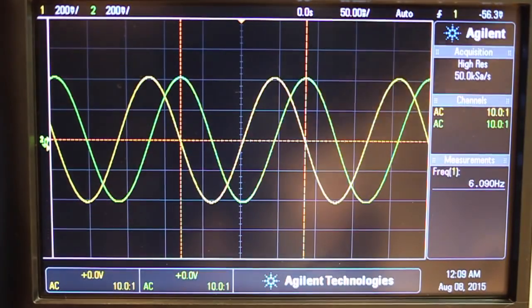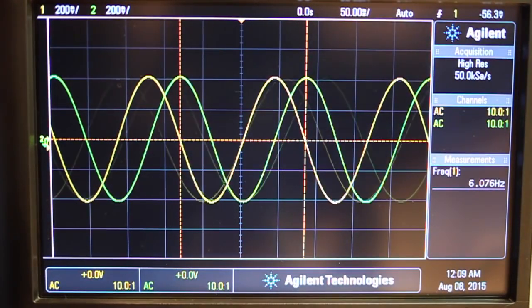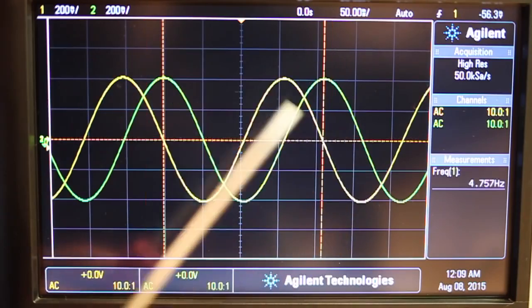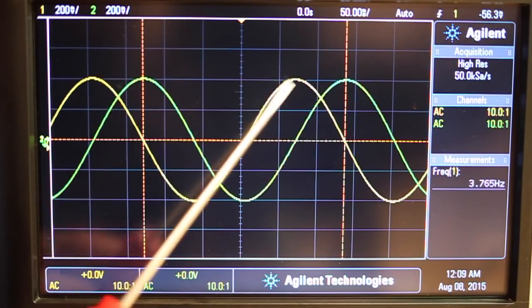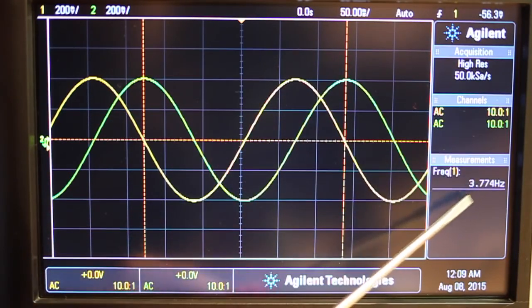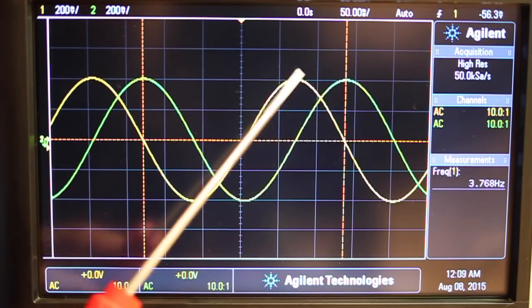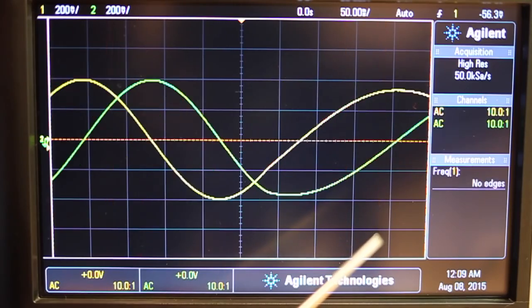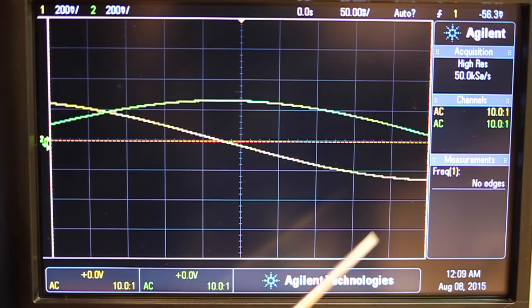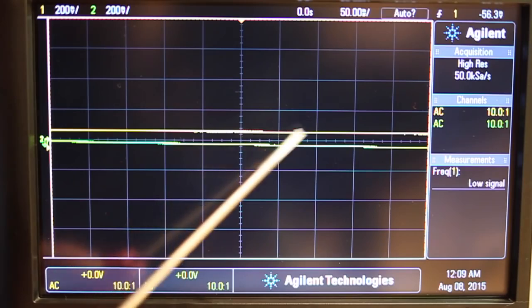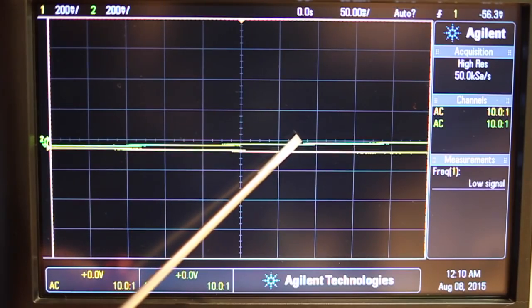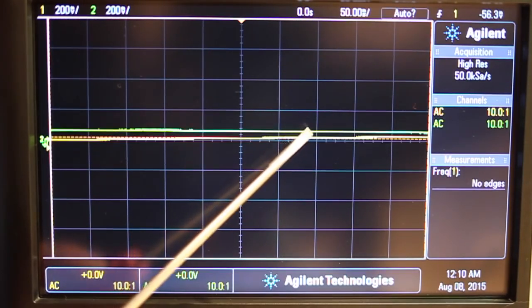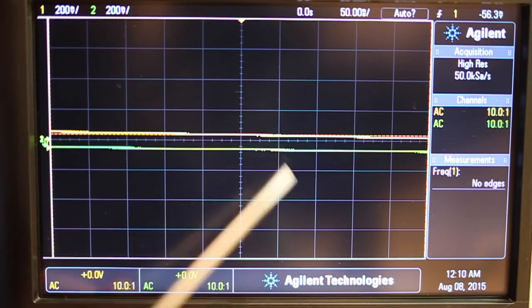However, as I bring the RF signal down in frequency, we of course can see that the frequency output from the mixer is decreasing, and we still have this same phase relationship between I and Q. And if I tune down a little farther, we can see that here I'm basically right at the same frequency as my local oscillator. So this is practically DC output here.